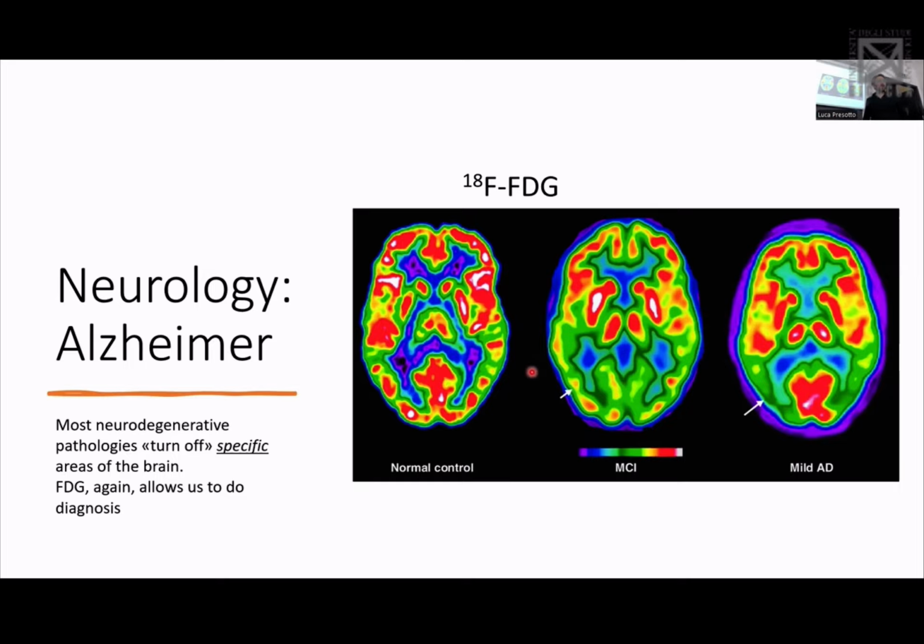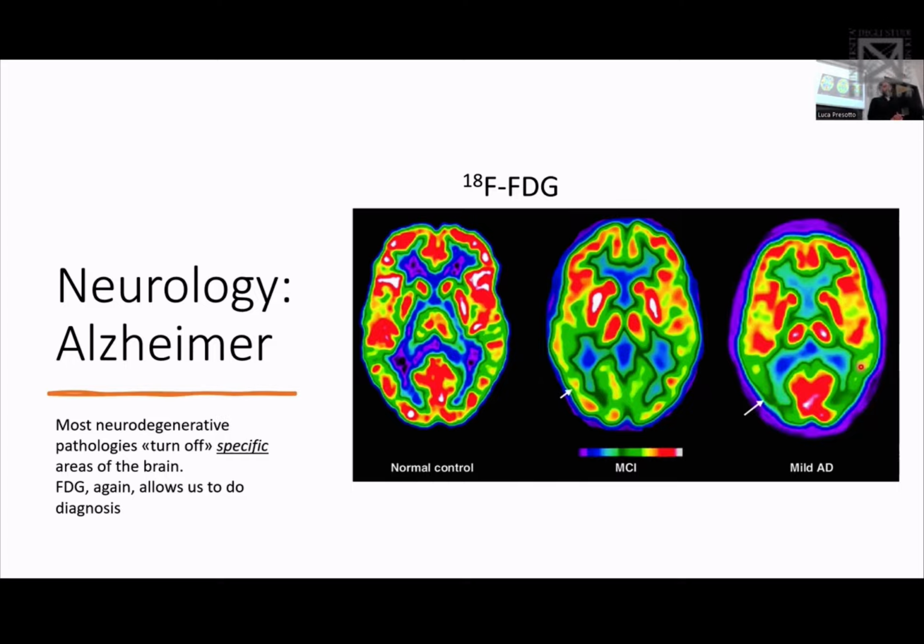But it turns out that neurodegenerative pathologies turn off very specific parts of the brain. Like in the case of Alzheimer's disease, the parietal cortex, the cells start to die specifically in this region here.